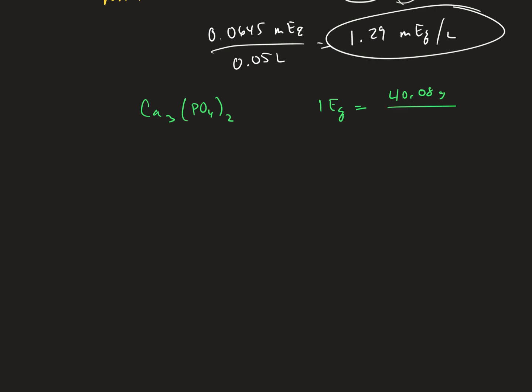Then we're going to divide that by what? 2, because the charge of calcium is 2. Do we have to worry about this, guys? No, because it's in group 2 on our periodic table. It's not a transition metal. Divided by 2, and we get 20.04 grams equals 1 equivalent. Good?